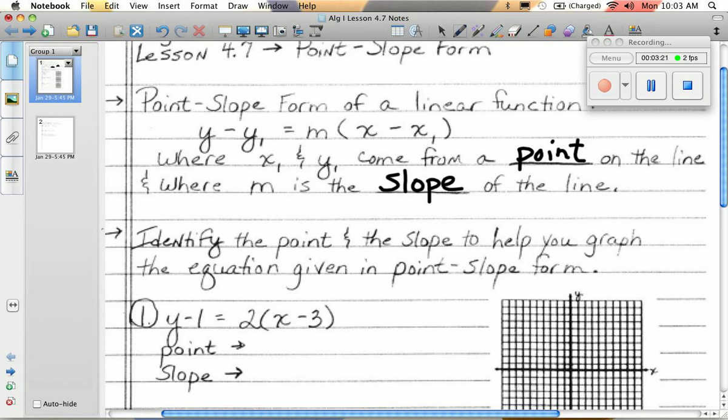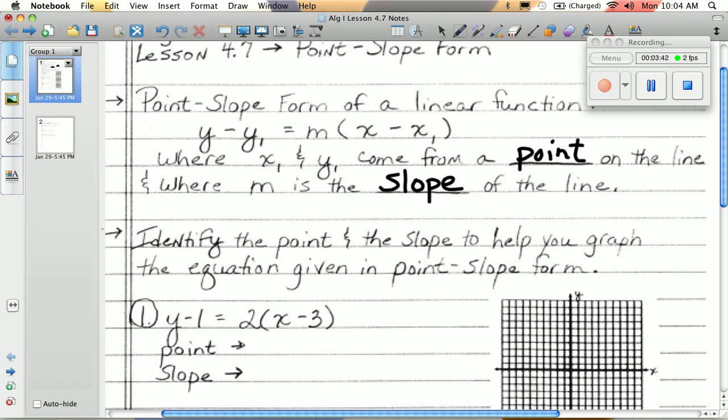Just that sub 2, yeah. The sub 2 in the y and the sub 2 on the x, because they're saying you're not going to be given 2 points, you're going to be given 1 point, or you're going to want to just pull out 1 point from this. And so there's our point-slope form, which actually just came from taking the slope formula and rearranging it.